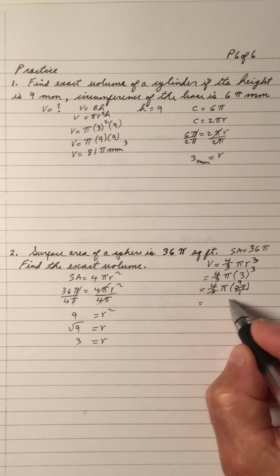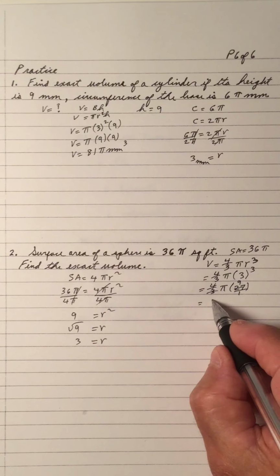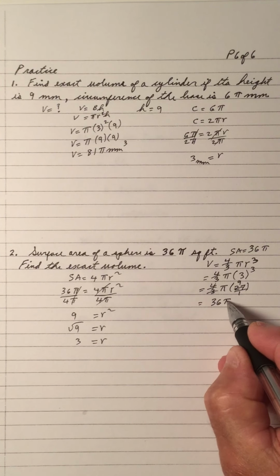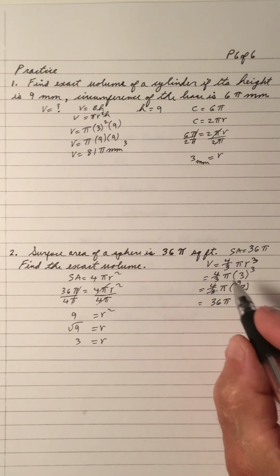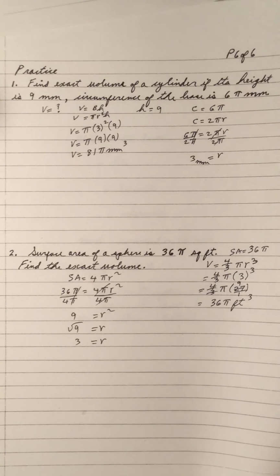When I multiply fractions, I like to cancel first before I multiply. So 3 into 27 goes 9. 4 9s are 36 pi. It's the volume, and we have feet, so it's cubic feet. 36 pi cubic feet, the exact value for the volume.